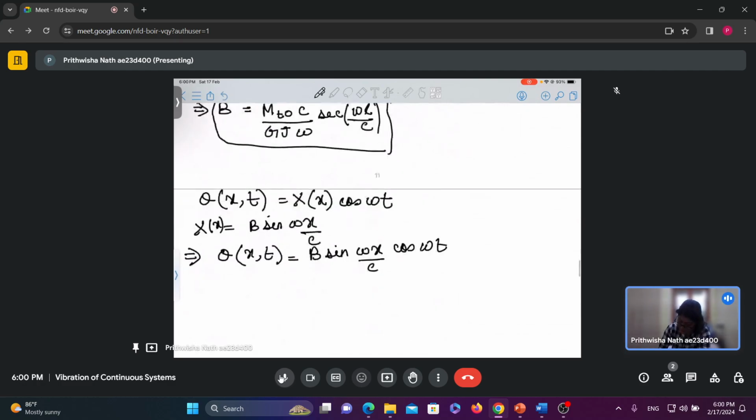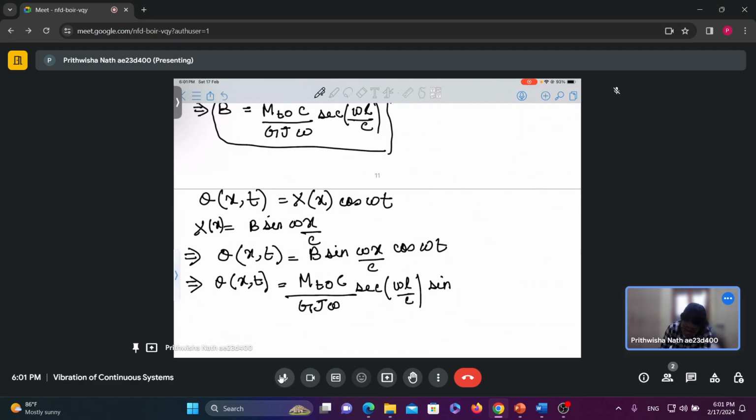So this implies that theta x comma t is given by the expression into sine of omega x by c into cos omega t. So this is the final expression for theta.